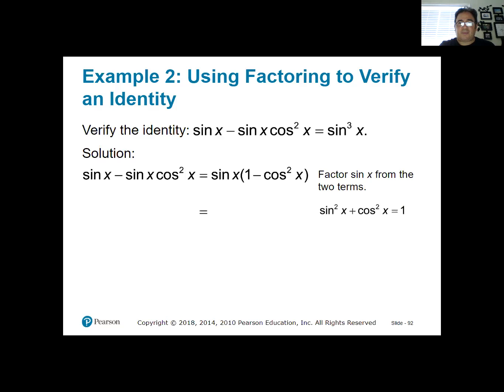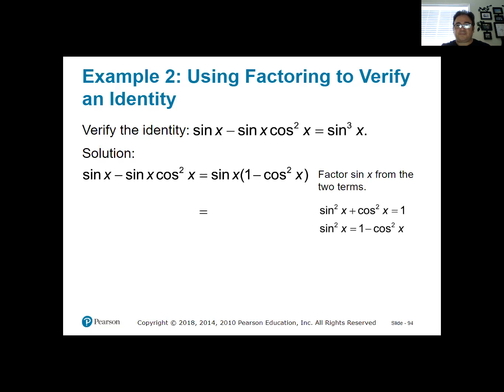So what would happen if I subtracted cosine squared of x from that equation? What would I end up with? Sine squared of x is equal to 1 minus cosine squared of x. There you go. If I subtract the cosine squared of x and move to the other side, I'm going to end up with 1 minus cosine squared of x.